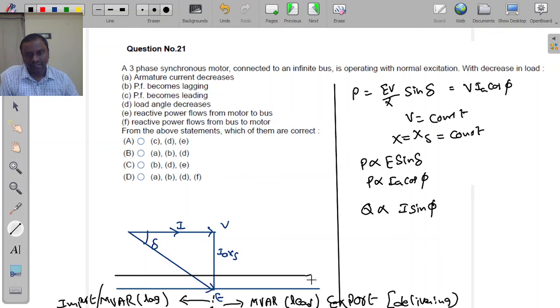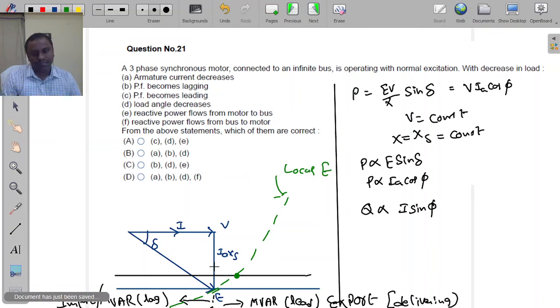Excitation you are not changing, so E you need to maintain constant. This is the locus of E. Now this is a new operating point, because you have decreased the load.